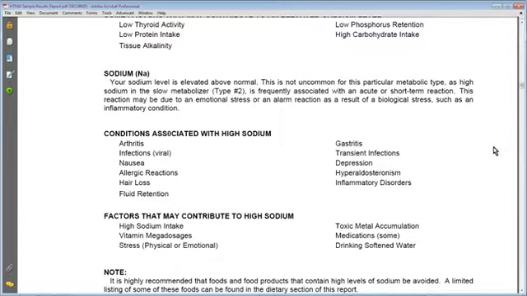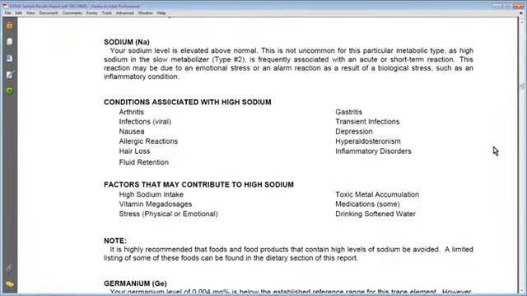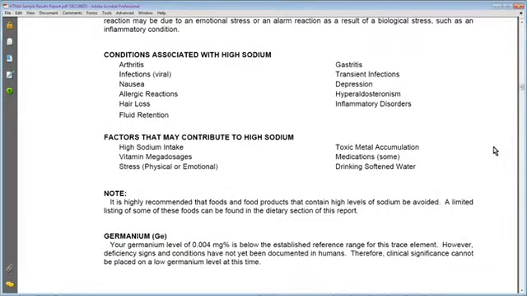Conditions associated with high sodium: arthritis, infections, viral, nausea, allergic reactions, hair loss, fluid retention, gastritis, transient infections, depression, hyperaldosteronism, and inflammatory disorders.